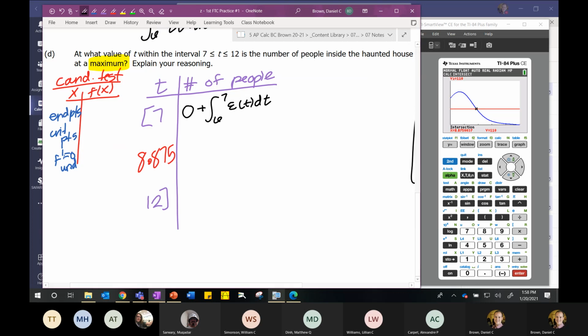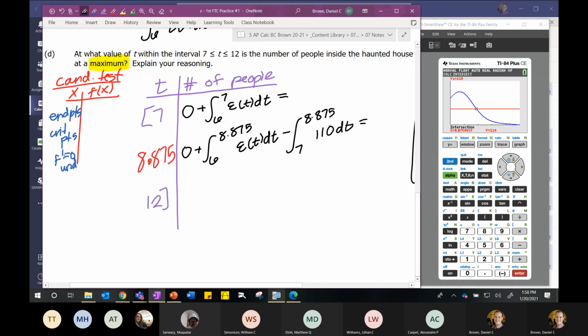I'll use my calculator to evaluate that. Then we want to figure out the number of people at that critical point. We still had the initial condition, plus people entering from 6 up to the critical point. But then we also had people leaving. People started leaving at 7, up until that critical point, of 110 dt.